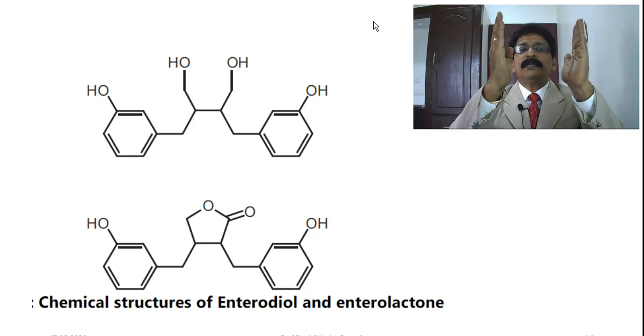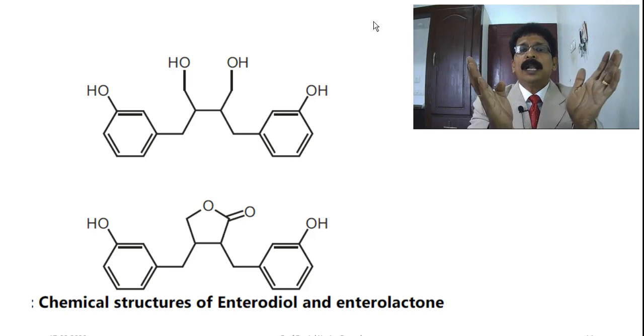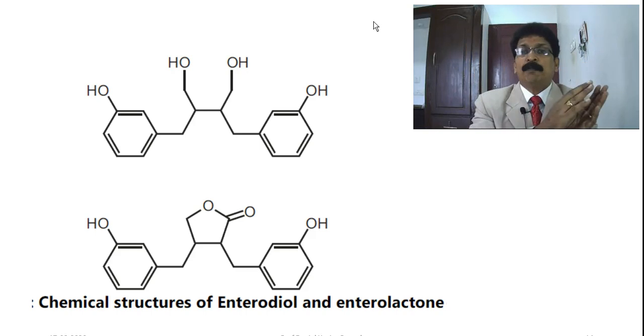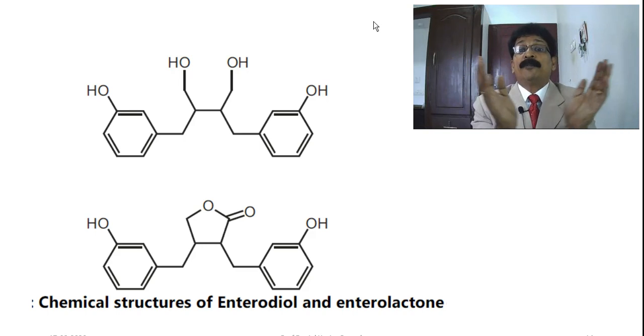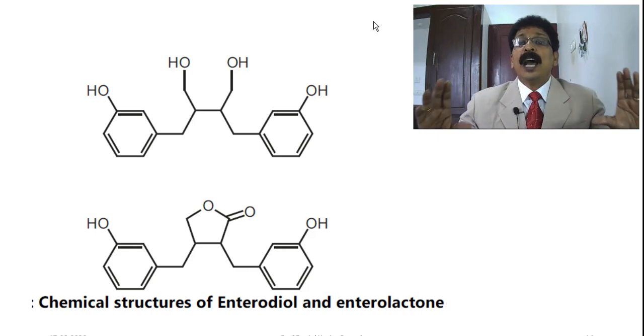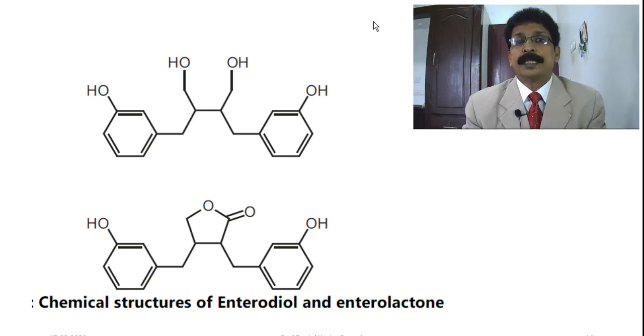So it is very simple for you to remember how lignans are produced: propane attached with a phenolic compound to give a dimeric structure. Just before, we have seen that the dimeric form of the phenyl propanoid units will give you a lignan.